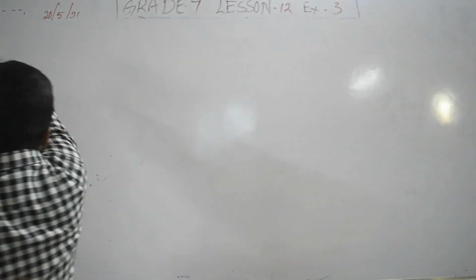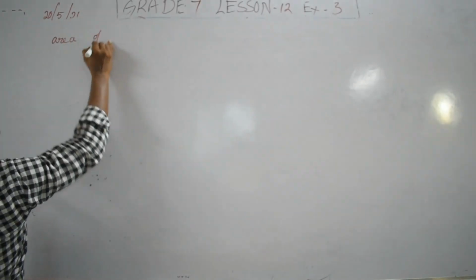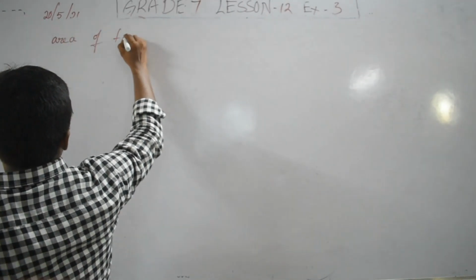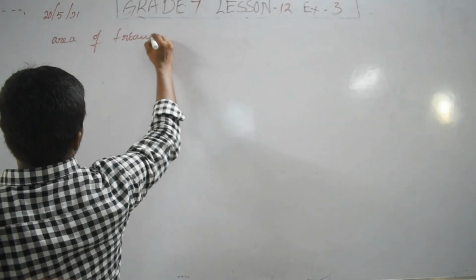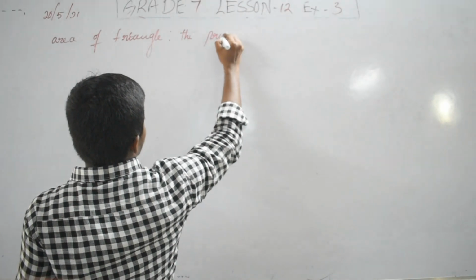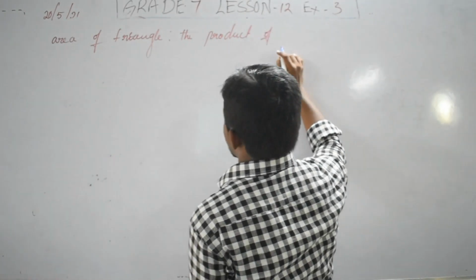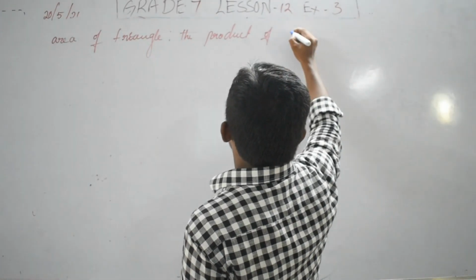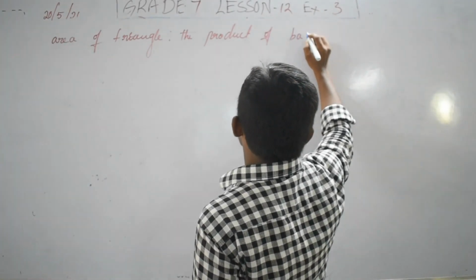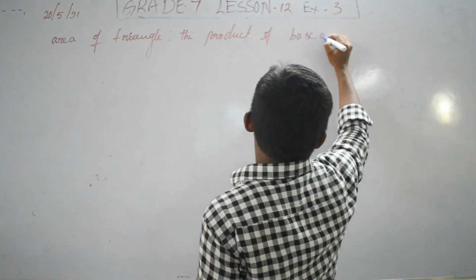So, we know the area of a triangle. Area of triangle is half times the product of base and height.